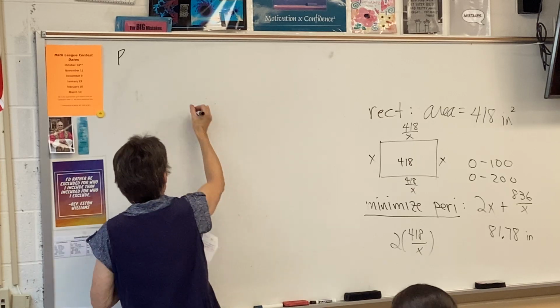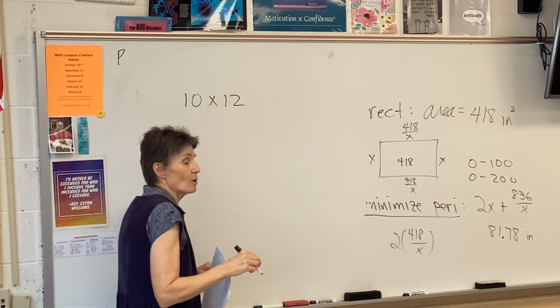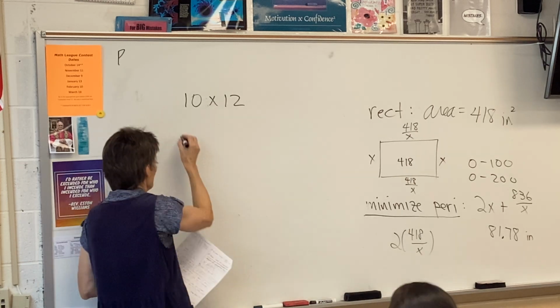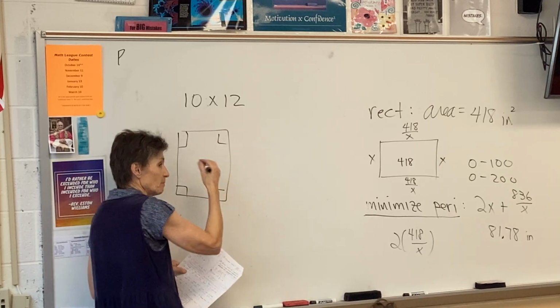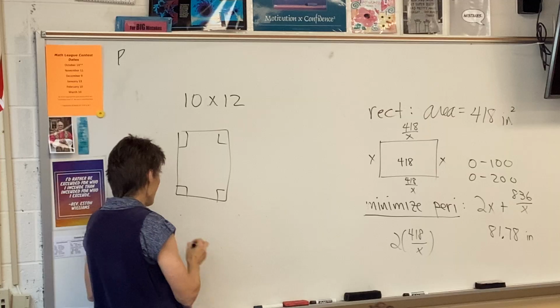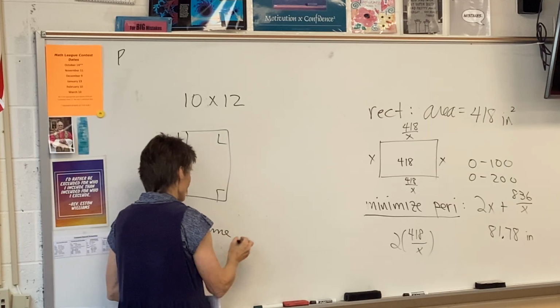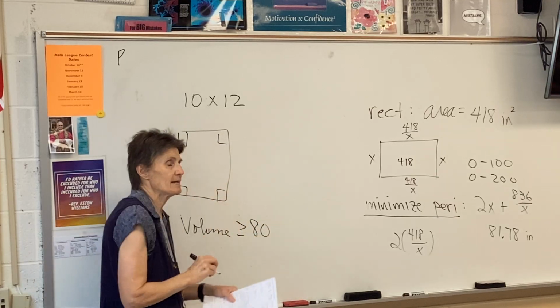You're gonna make a box out of a piece of paper that's 10 by 12. You're gonna make a box like you always do. You're gonna cut out the corners, fold up the flaps, and you want the volume to be at least 80.